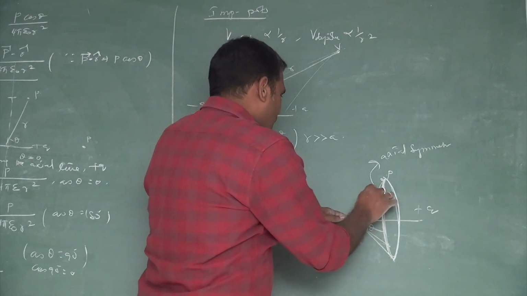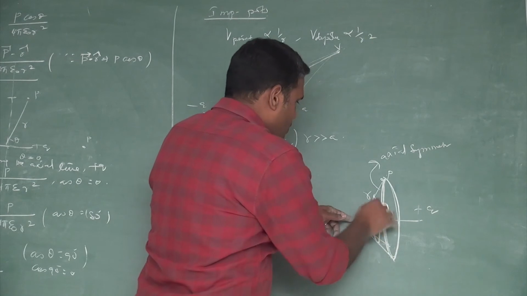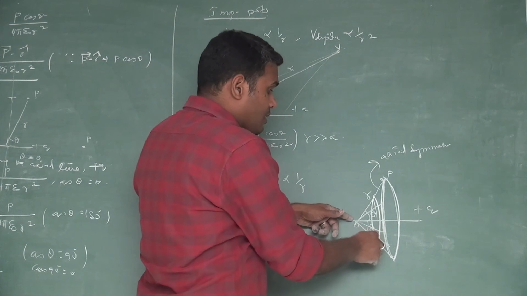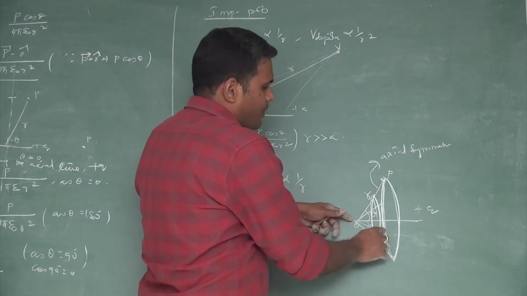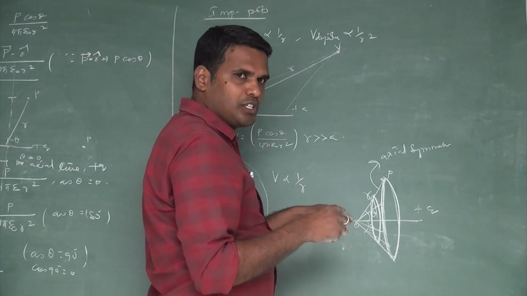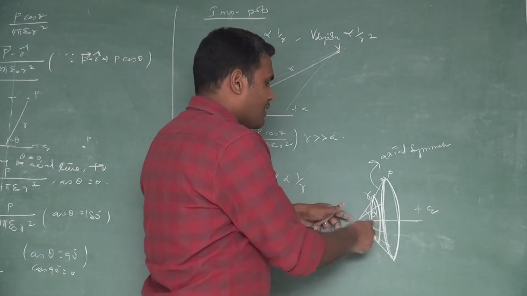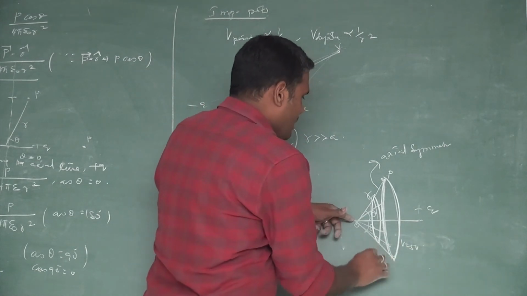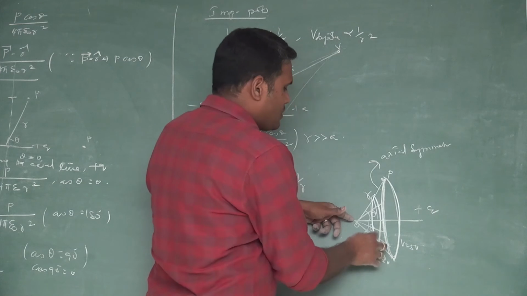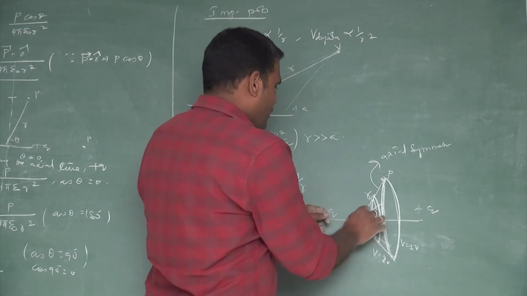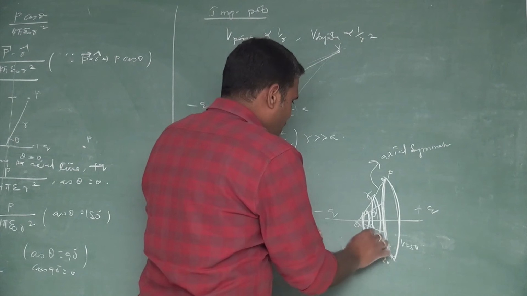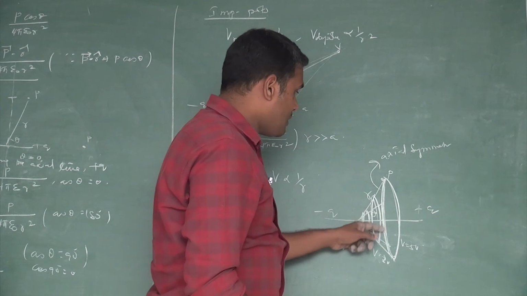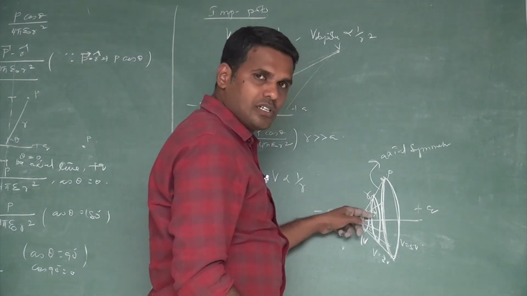If I take another circle with a different radius, that radius is the same for all points on that circle, so this circle will have a different potential value, but the potential on the ring is constant. If I have a potential of 5 volt here, I will get 3 volt on the next circle, with the same potential throughout that circle. Closer to this point, the potential is reduced to 1 volt, but all points on the circle have the same value, which means this dipole produces an axial symmetry.